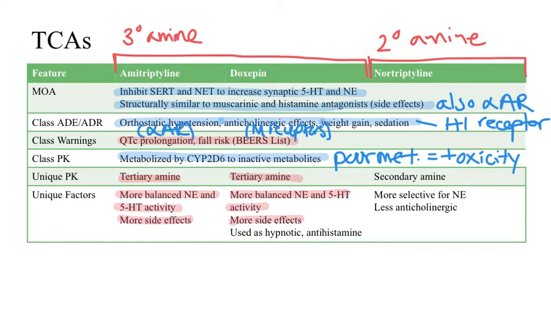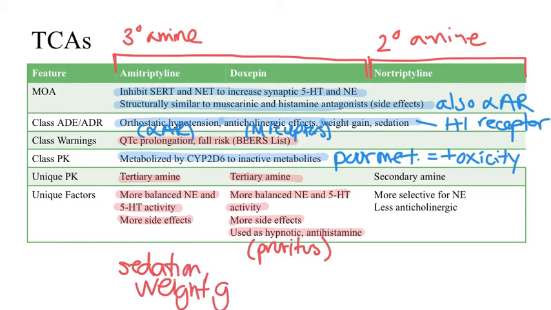Doxepin, interestingly, is also often used off-label as a hypnotic or as an antihistamine to reduce itching or pruritus. The tertiary amine TCAs are much more likely to cause sedation and weight gain, as well as anticholinergic side effects because of their higher activity at those receptors than the secondary amines.